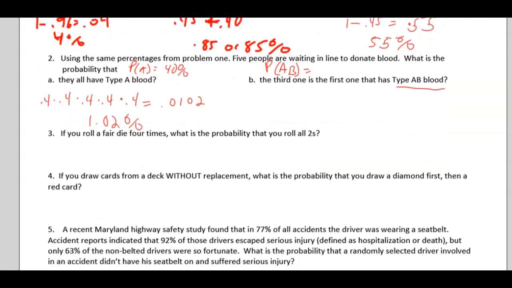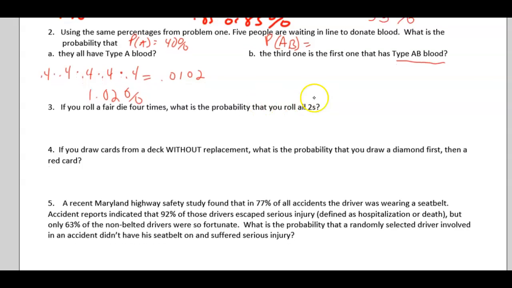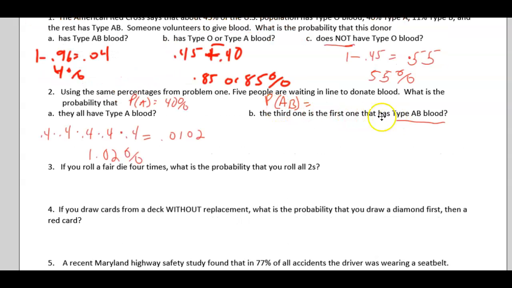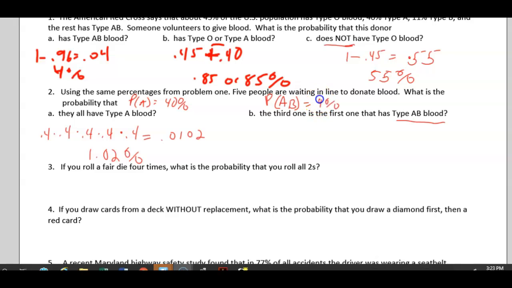We got that from right here. So 1 minus 0.04 is 0.96. The probability that the person has AB is 4%, and the probability that the person does not have AB is 96%.